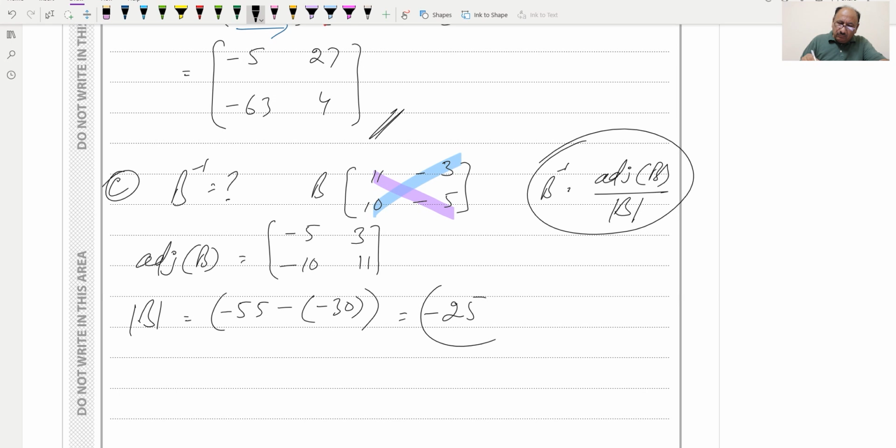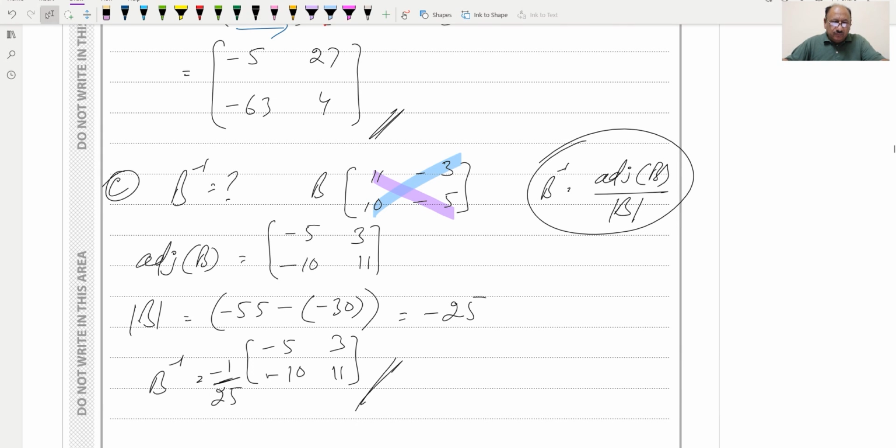So we got mod value as minus 25. So we can write B inverse is equal to minus 1 over 25, which is mod value, and this is adjoint value we can write, and this will be our final inverse, B inverse, which we have done.